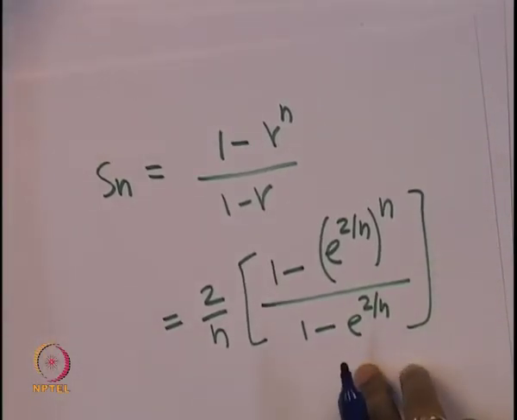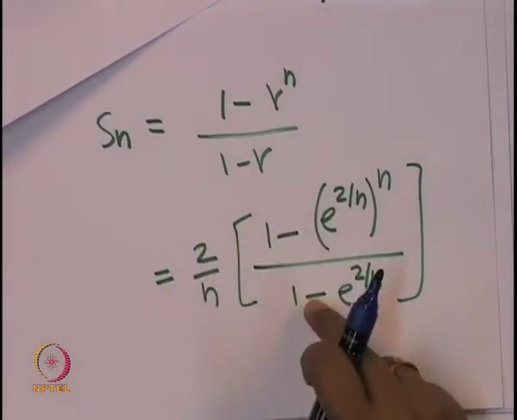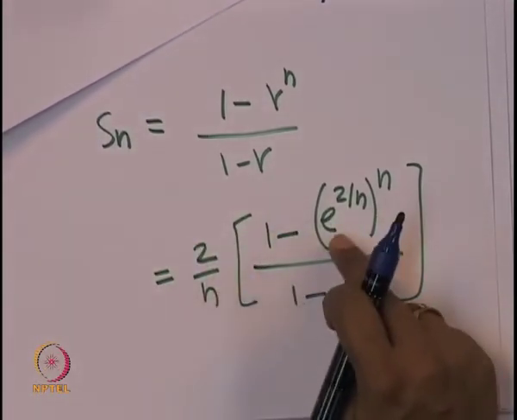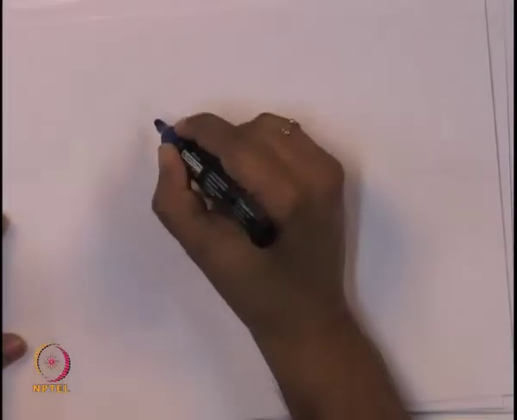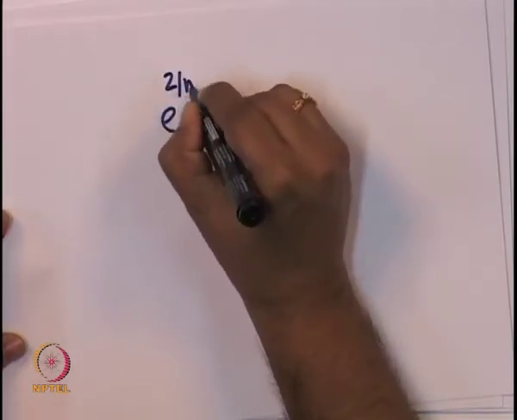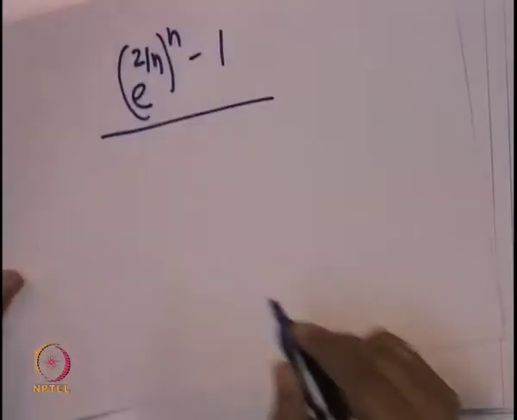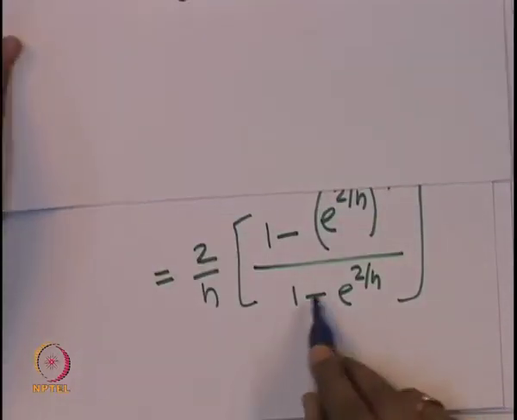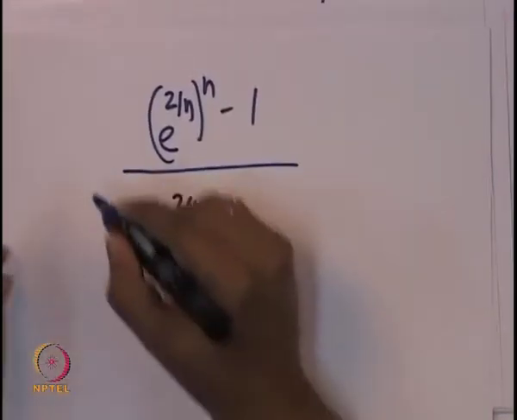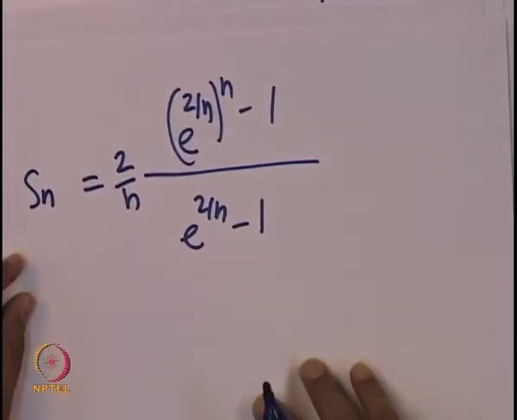So I write e power 2 by n whole power n minus 1, divided by e power 2 by n minus 1. I took a minus sign out from both, and I have a 2 by n here. This is my S n, the sum of n terms.